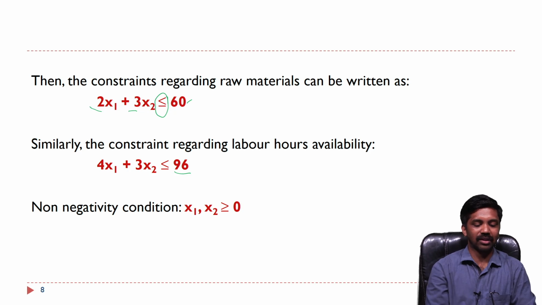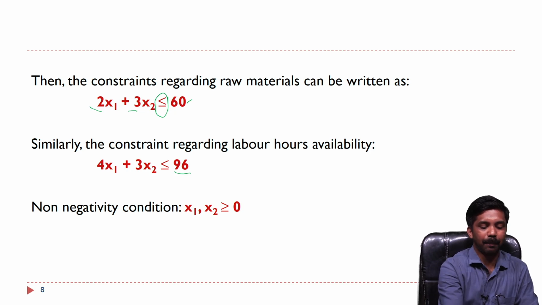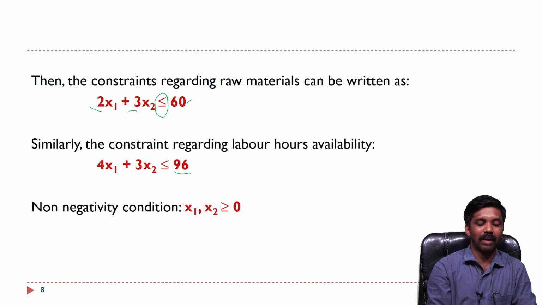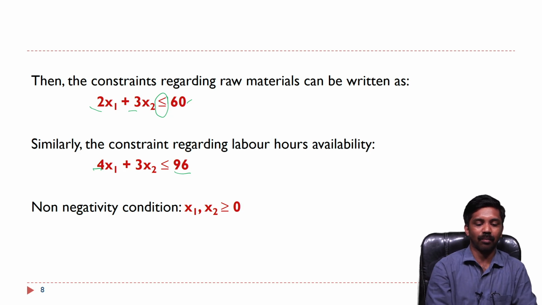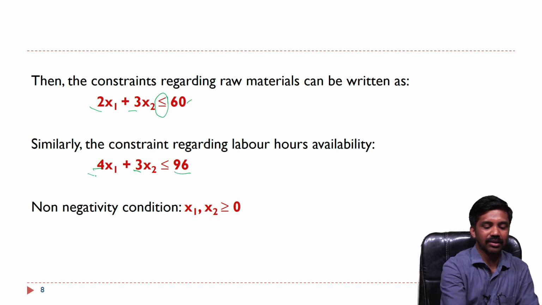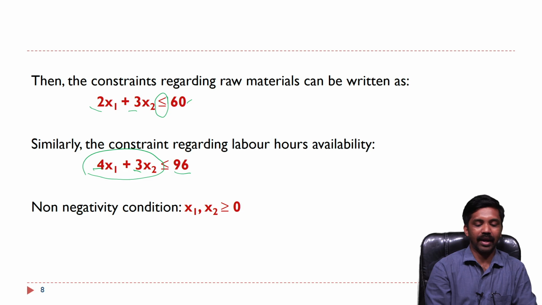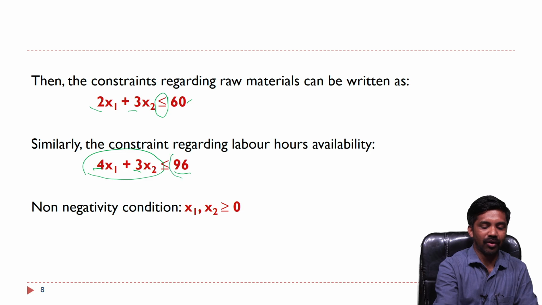For the labor hours constraint, the per unit labor hour requirement for product A is 4 and for product B is 3. So the labor hour requirement is 4 into the number of units of product A plus 3 into the number of units of product B, that is 4x1 plus 3x2, and the availability is 96.